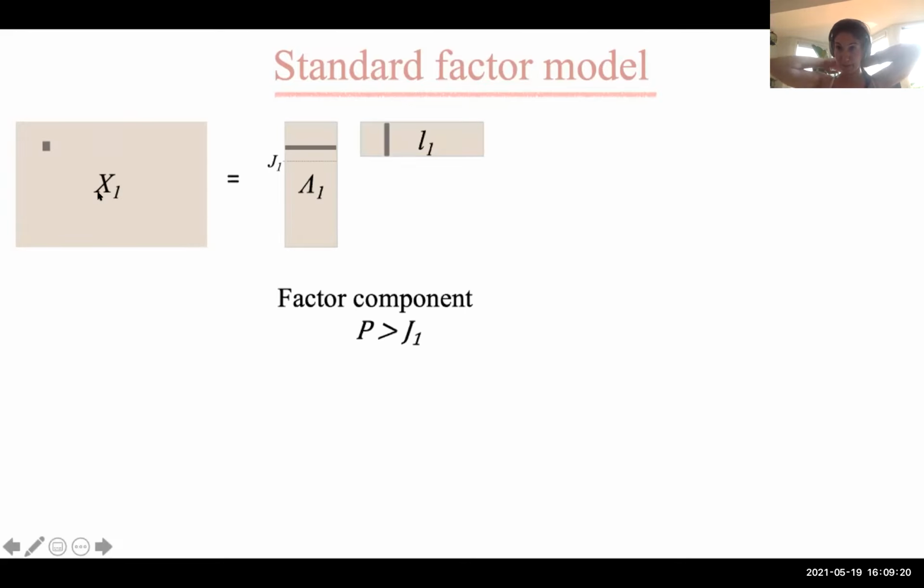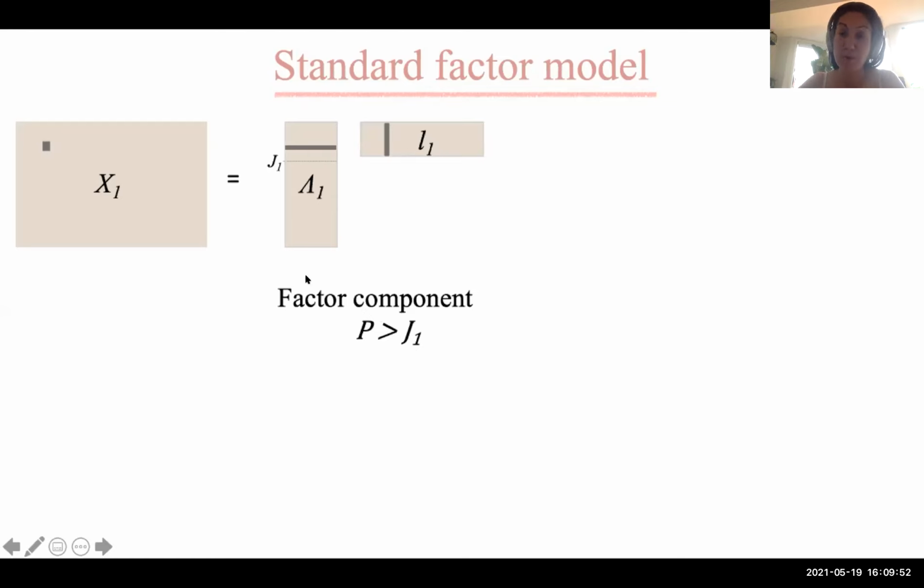And this is doable by deriving some factor components. This factor component has exactly 2 different pieces. So lambda 1, that is the factor loadings, and that of course has fewer components, which I would call here J1, that is less than the observed variables. And then we have L1, that is the latent factors.